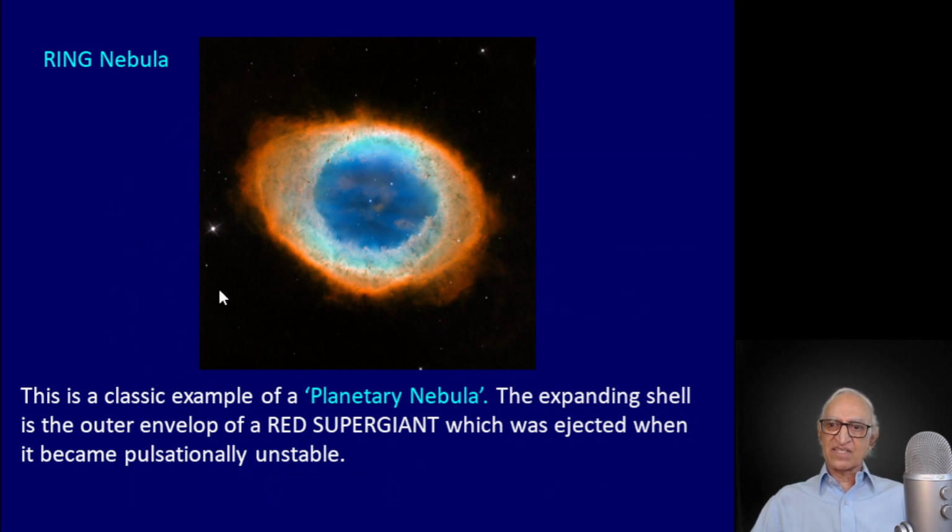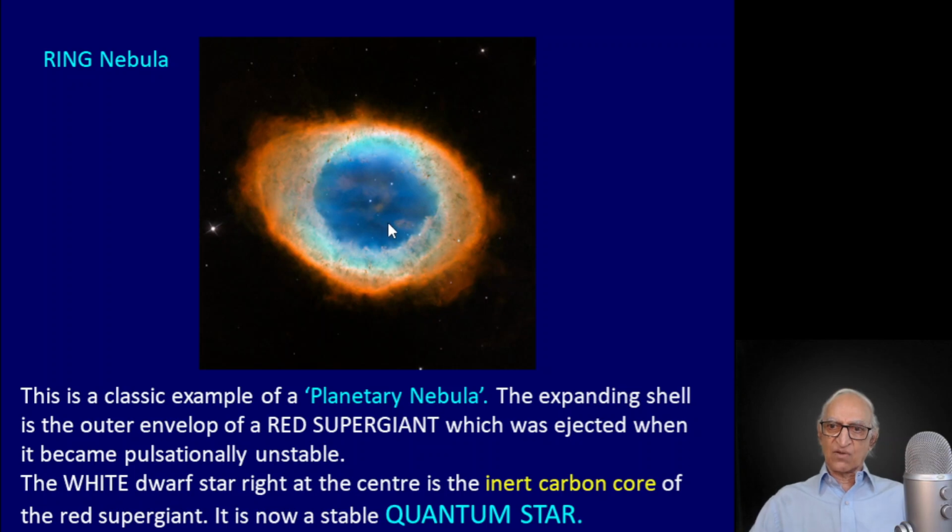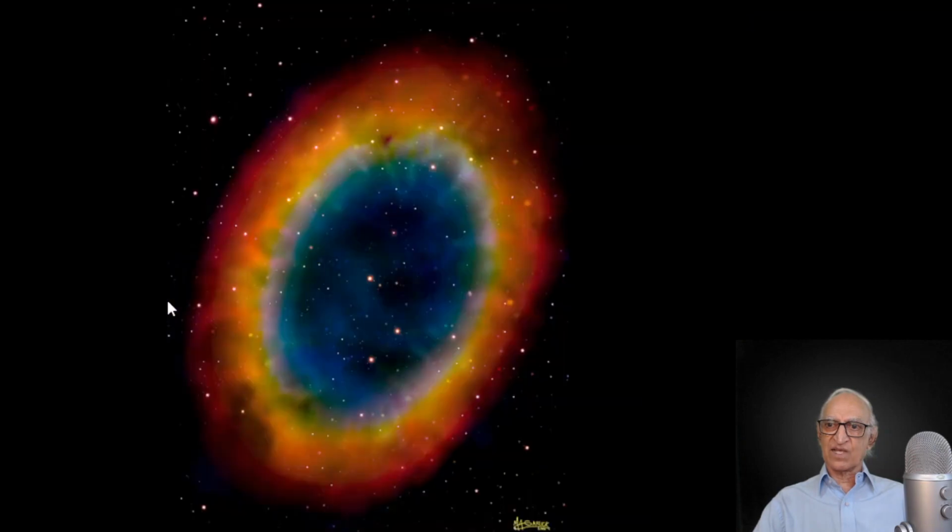Here is a classic example of a planetary nebula, and right at the center you see a white dwarf star. That is a carbon-oxygen degenerate star which is not producing any energy. Now that will become a quantum star, and that is the story of Chandrasekhar's great discovery, which we shall come to later. So here are some examples of planetary nebulae.